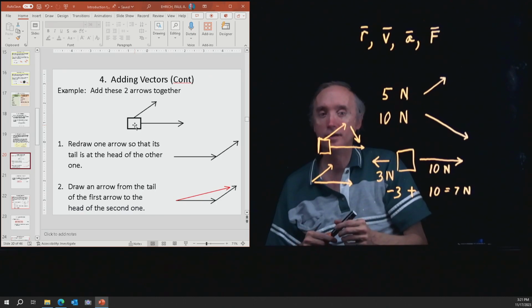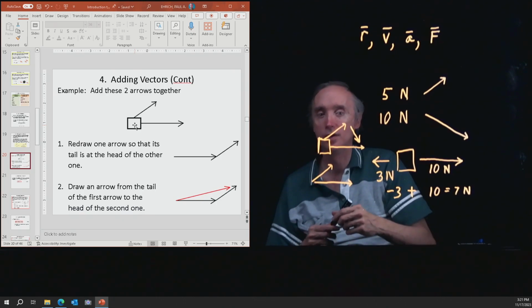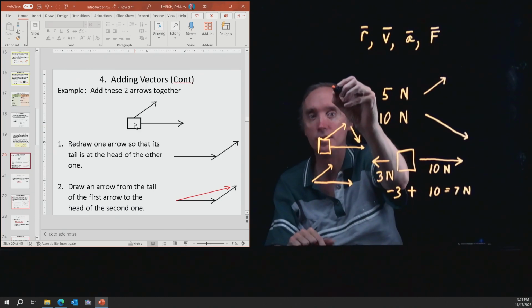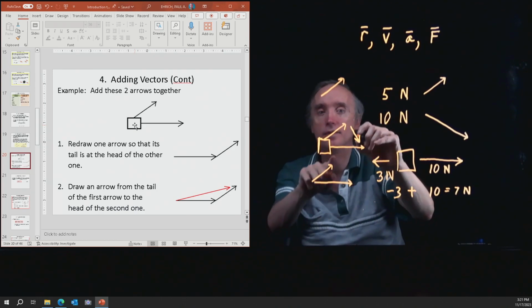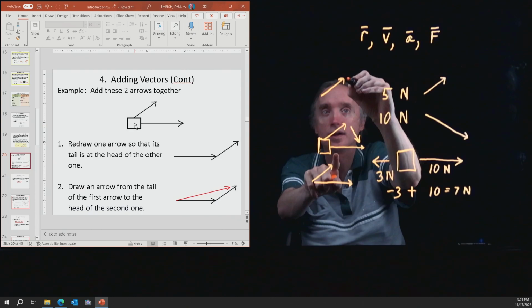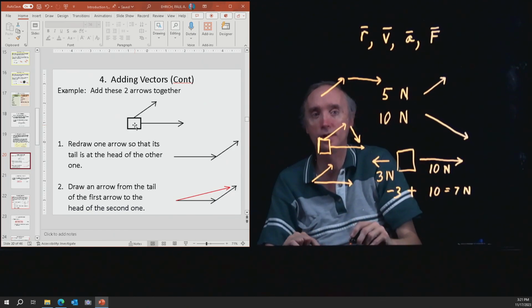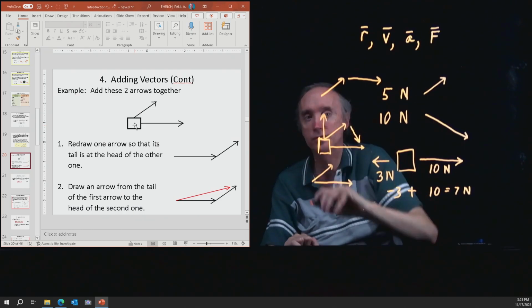Now, what about if there had been another arrow? Okay, so we just got through saying that the correct way to have done this was to draw this arrow and then add to it this arrow. But what if there had been a third arrow? So what if there had been another arrow that went like this?